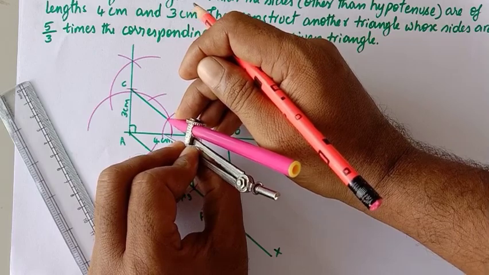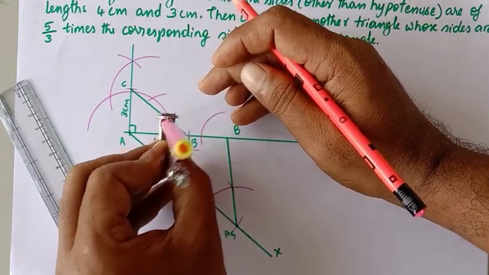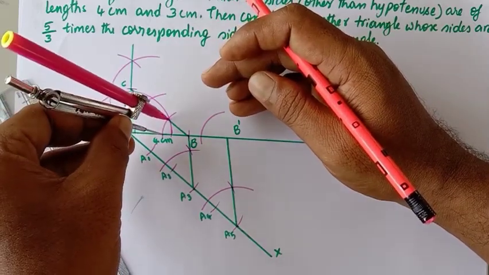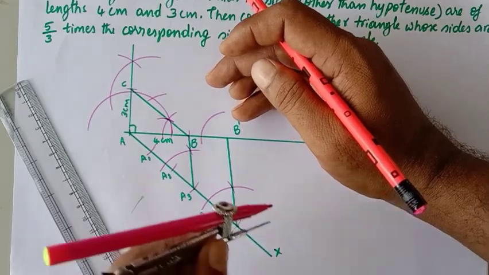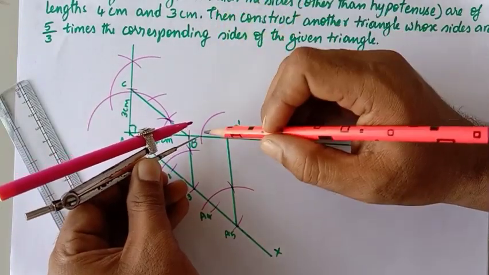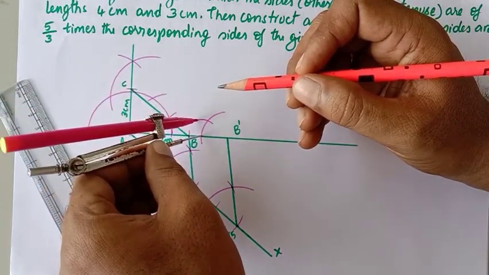You can see here, yes, it is here. Yes, here I have drawn an arc. Likewise, from the point here, I will be drawing an arc here too.